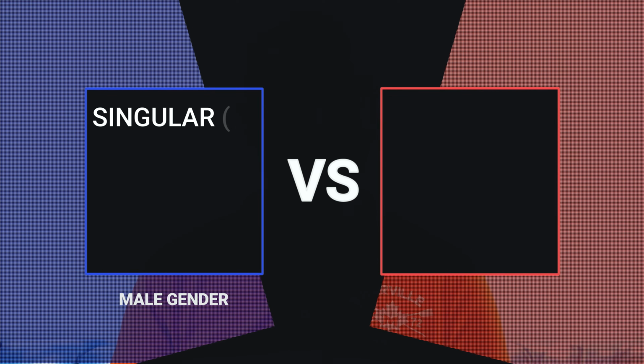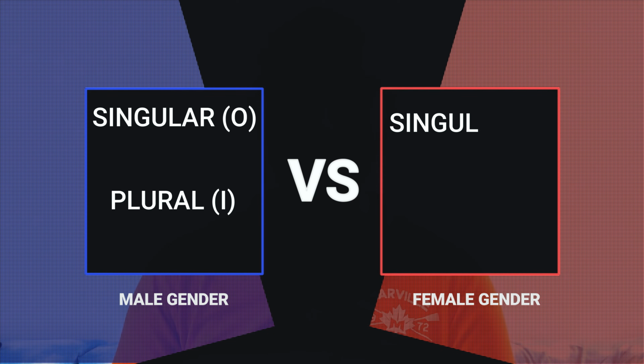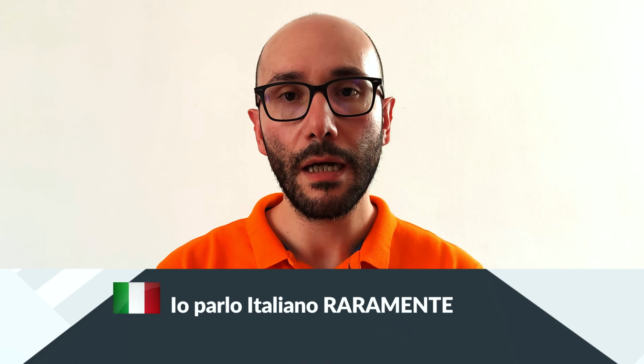You can have male gender singular ending with the vowel O, male gender plural ending with the vowel I, female gender singular ending with the vowel A, and female gender plural ending with the vowel E. When you have an adjective which can be conjugated in all four different ways, the rule is you take the feminine singular form of the adjective, raro becomes rara, and you add the suffix mente, raramente. Io parlo italiano raramente.